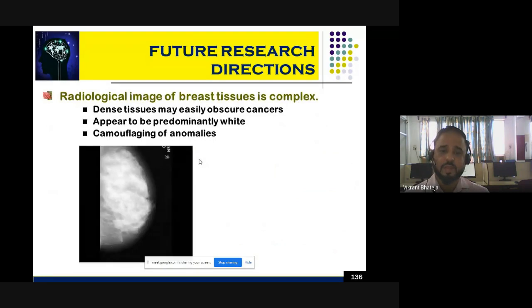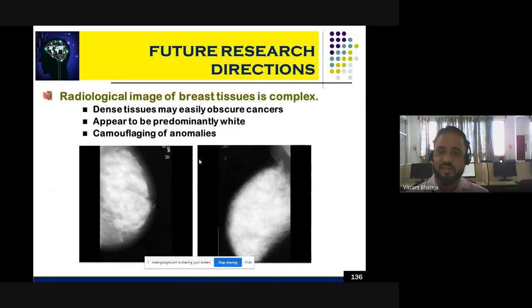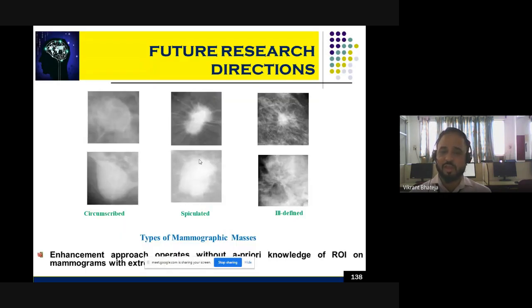Then another thing I have already discussed with you, that working on dense mammograms is equally a challenge, as most of the researchers have been demonstrating results generally on the first two categories of images.